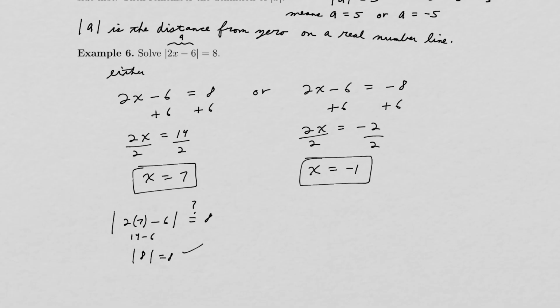If I plug in negative 1, I'm just checking this, so I'll put a question mark there. This is negative 2 minus 6. Negative 2 minus 6, same as negative 2 plus negative 6, is negative 8. But what's the absolute value of negative 8? It's 8, so that checks. So those are both solutions.